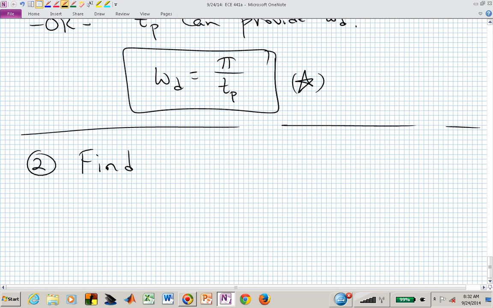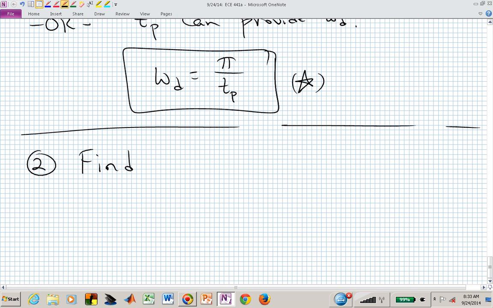What is our sigma? We're going to find that by relating the percent overshoot, which we can compute from our time domain plot, to our damping ratio zeta.